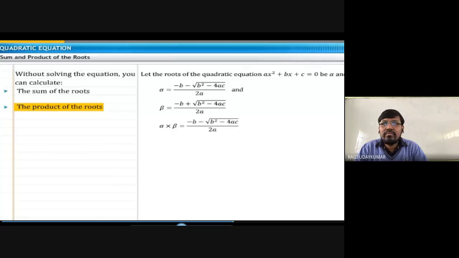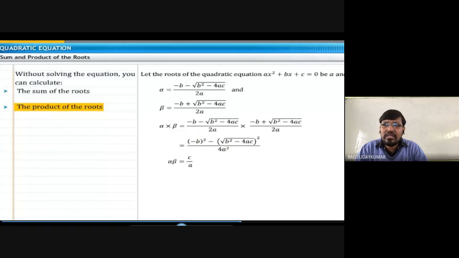If you multiply them, the numerator of the first term is in the form of a minus b, and the numerator of the second term is in the form of a plus b. Here a is minus b and b is under root of b square. On simplifying this, you are going to get b square minus b square plus 4ac, so 4ac by 4a square, which gives c by a.